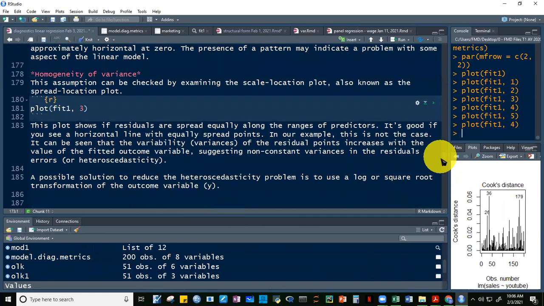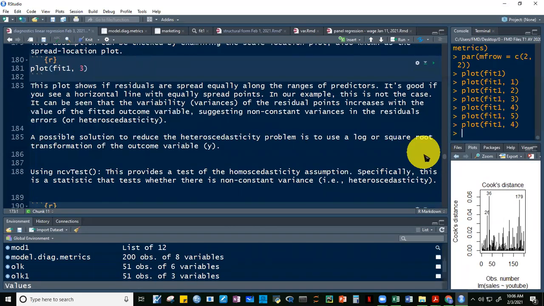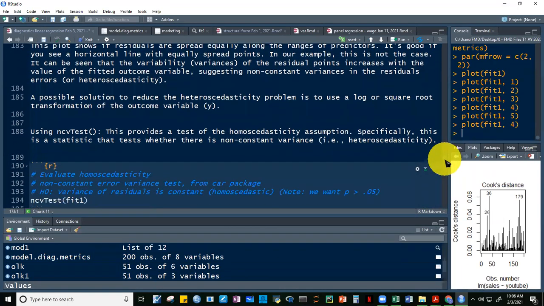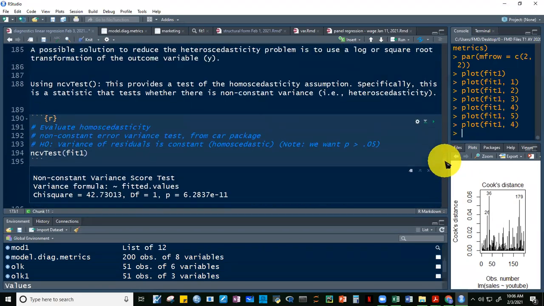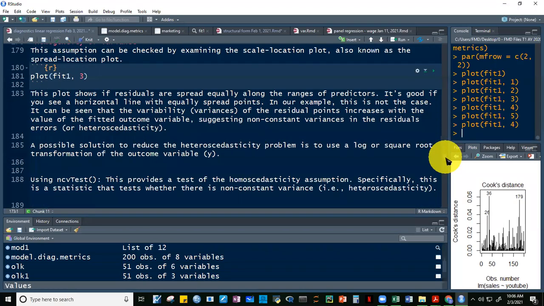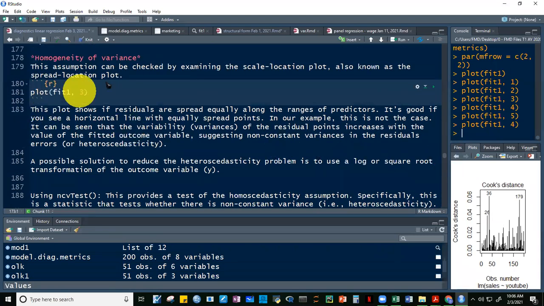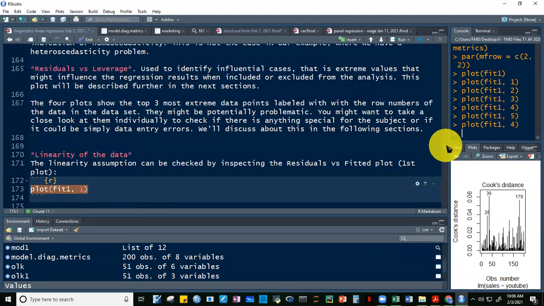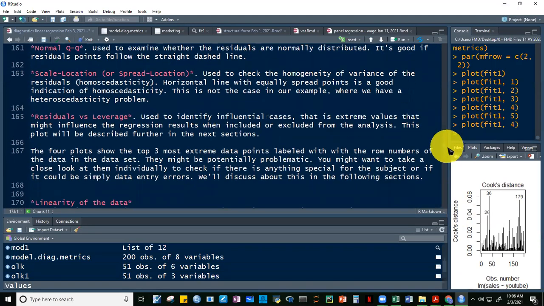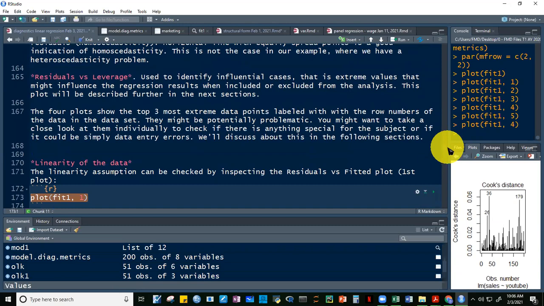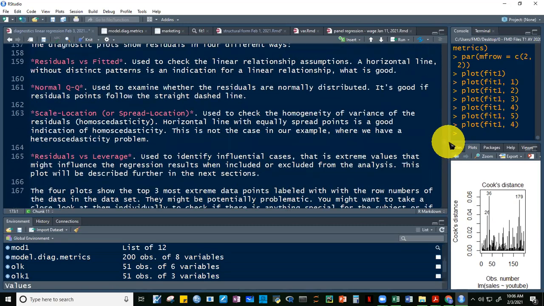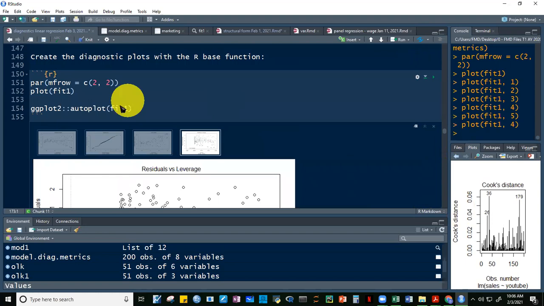So dito, sabi ko nga kanina, we can generate the plots each one of them. Okay, so for example, saan na ba tayo? Okay, so we were taking a look at the implications of each of the parts of your plots, no? Ito yung code natin kanina, plot ng fit 1.